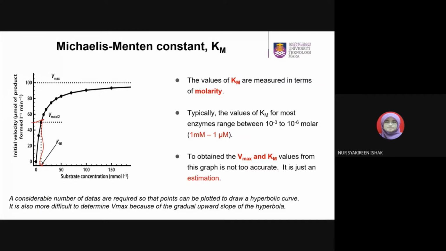Typically the values of Km for most enzymes range between 1 millimolar to 1 micromolar. So the range of values for you to determine the Km is really small, so determining Km using this graph is a bit difficult. When you use this hyperbolic graph to determine the Km value, what you obtain is just an estimation, because the range of values is really small.